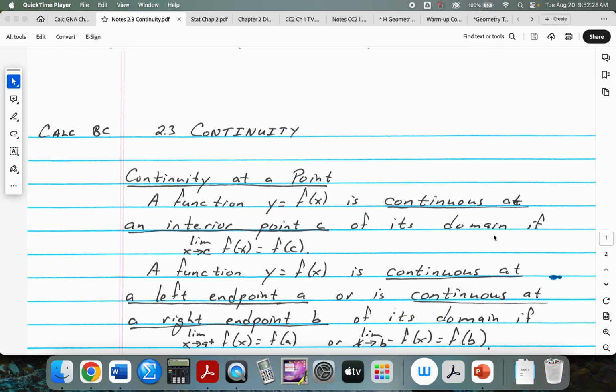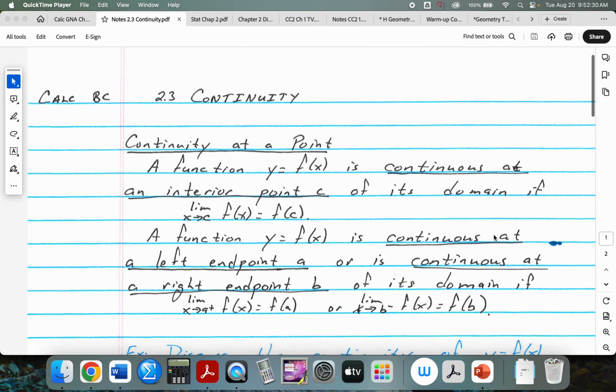We can also do continuity at endpoints. The College Board avoids these for the most part. Your book doesn't, and whatever school you go to may do continuity at endpoints, so we present it here.